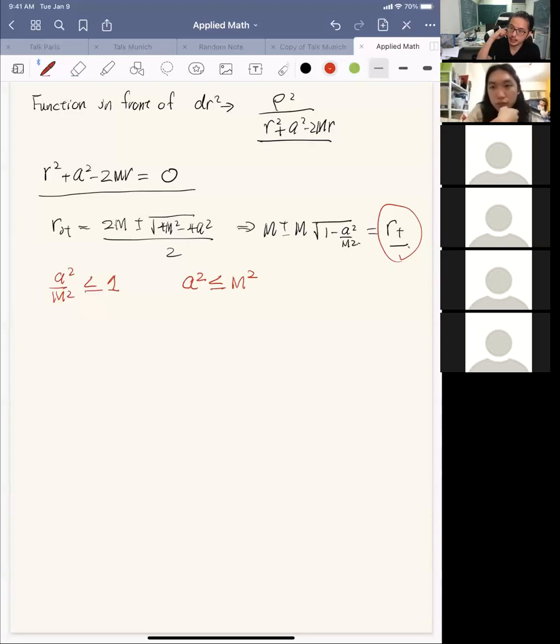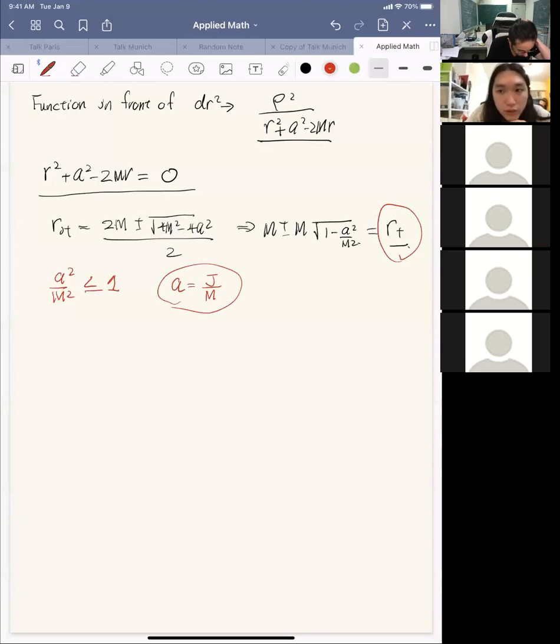Sorry, since a is not precisely the angular momentum, remember that a equals j over m, and therefore it's really that this value is bounded by 1.